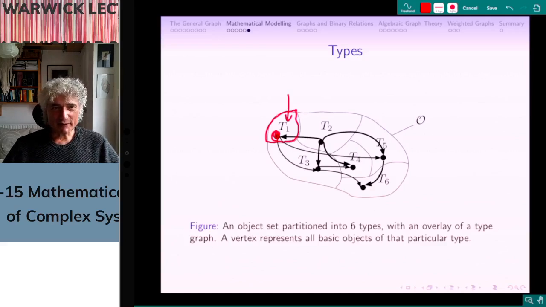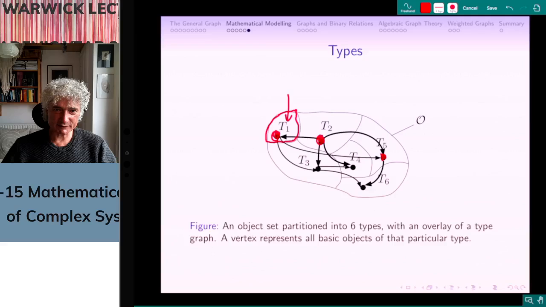That's how you have to imagine what I was drawing here. And so this vertex here would represent all the objects of type 2, this one every object of type 5, and so on.